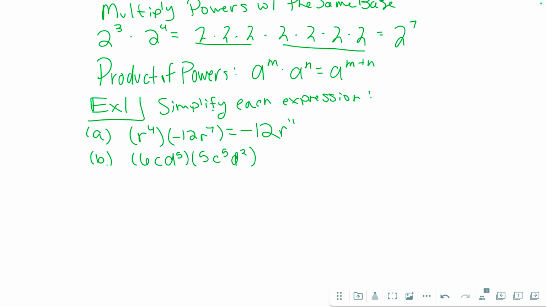Well, let's maybe work on each piece first. Go ahead. c to the 6th. Yep, c to the 6th. Okay. What's another piece of this answer? d to the 7th. d to the 7th. Okay. And then what am I going to do with that 6 and that 5? Multiply those, 30.